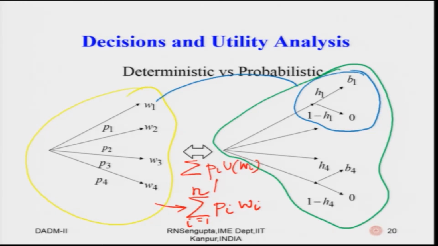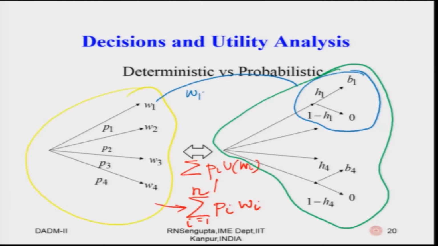So, what you are trying to do is find the one to one correspondence between the value of W1 and B1 into H1 plus 0 into 1 minus H1, such that the expected value on the left hand side and the right hand side are the same, which means W1 in general should be equal to B1 into H1. I am using the same blue color to help you understand, plus 0 into 1 minus H1.